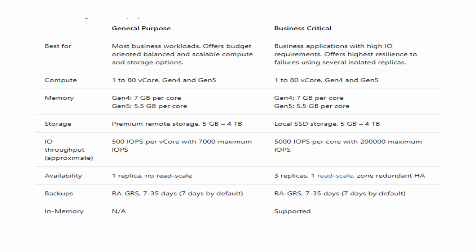If we talk about memory support, in general purpose there is no in-memory support, and in business critical it is supported. So that's the basic difference of the services which come under general purpose and business critical in Microsoft Azure.